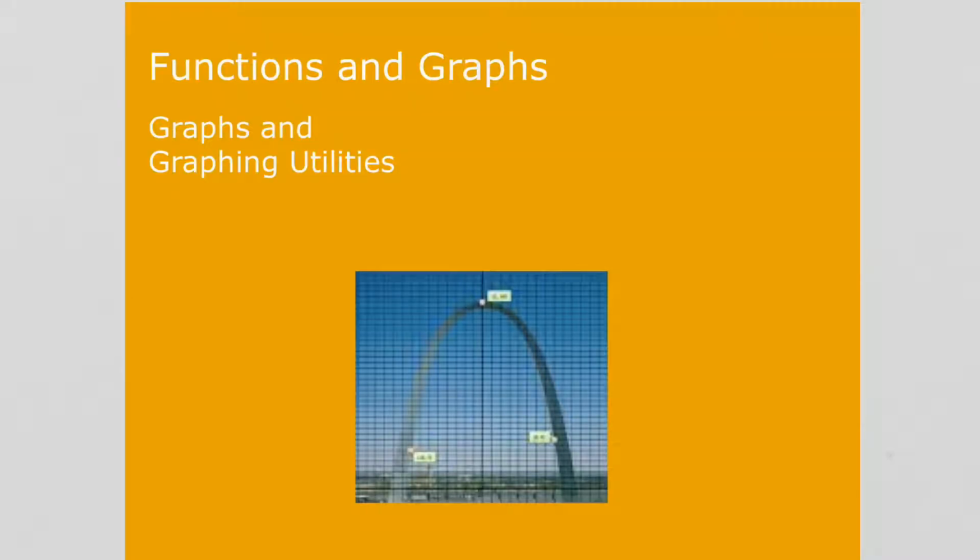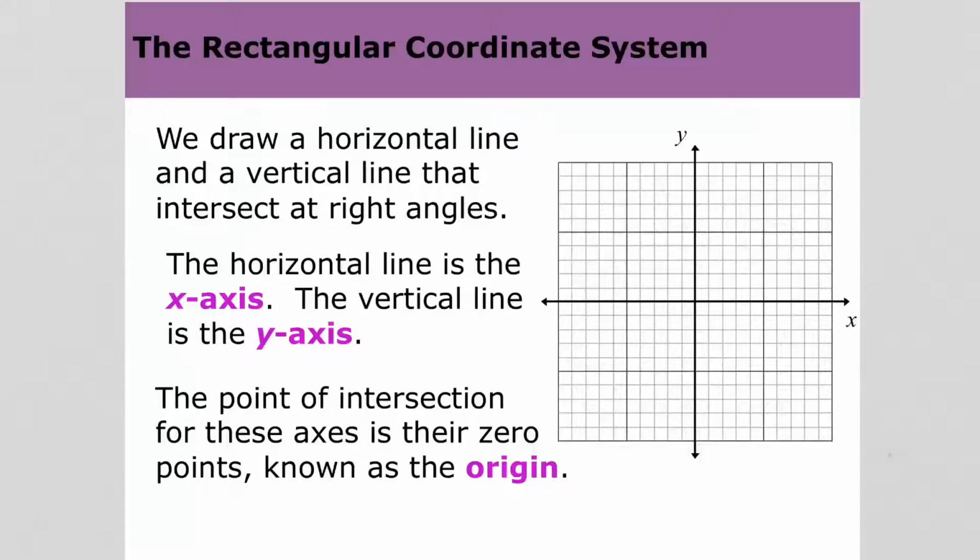Today we're just going to go over a few things to do with graphs. A rectangular coordinate system: you've got your x-axis, which is along here, and your y-axis is the vertical axis.